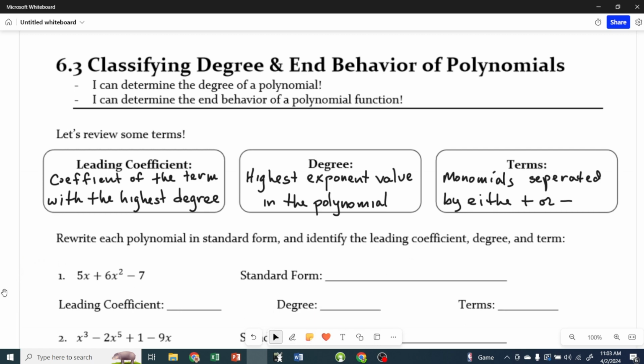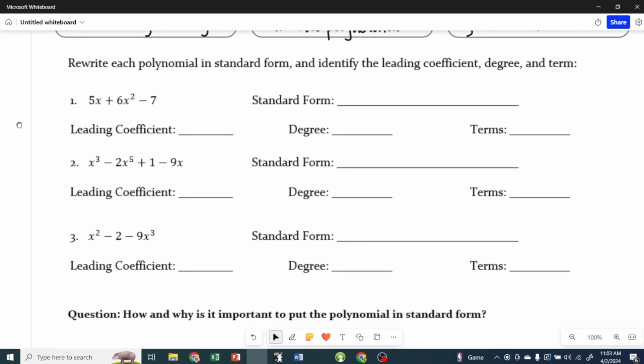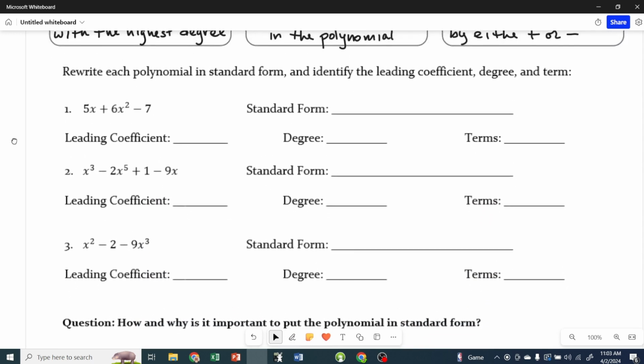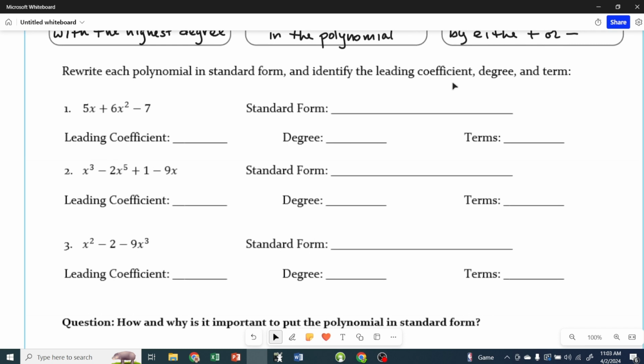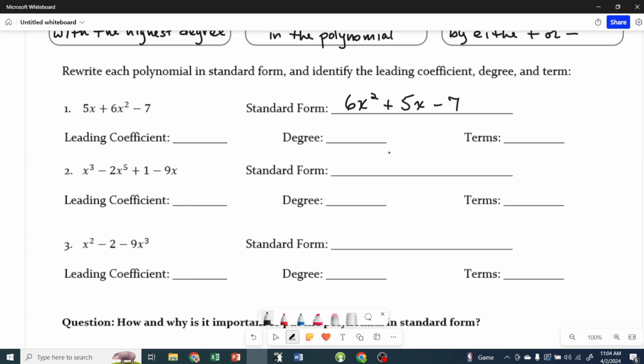So let's go ahead now and rewrite some polynomials in standard form and identify leading coefficient, degree, and terms. Standard form says we go from the greatest exponential value down to the least. In this case, we have 6x squared plus 5x, and if there's no coefficient, it's 5x to the first, and then minus 7. So this makes it very easy to pull the following pieces of data out.